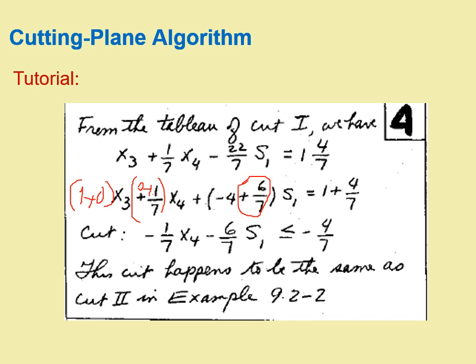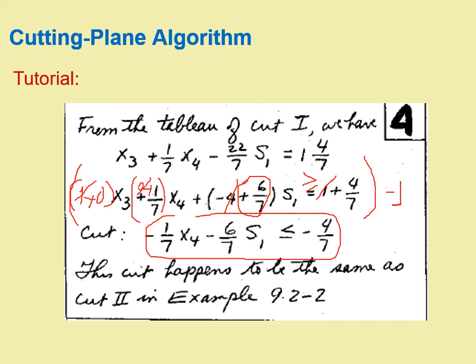And then just ignore the integer parts, this part, this part, and this, and convert this to greater than or equal to 0. And then multiply all of them by -1, and the cut that we obtain from this constraint is this. Now you should include this one into the previous tableau and make the dual simplex iterations.